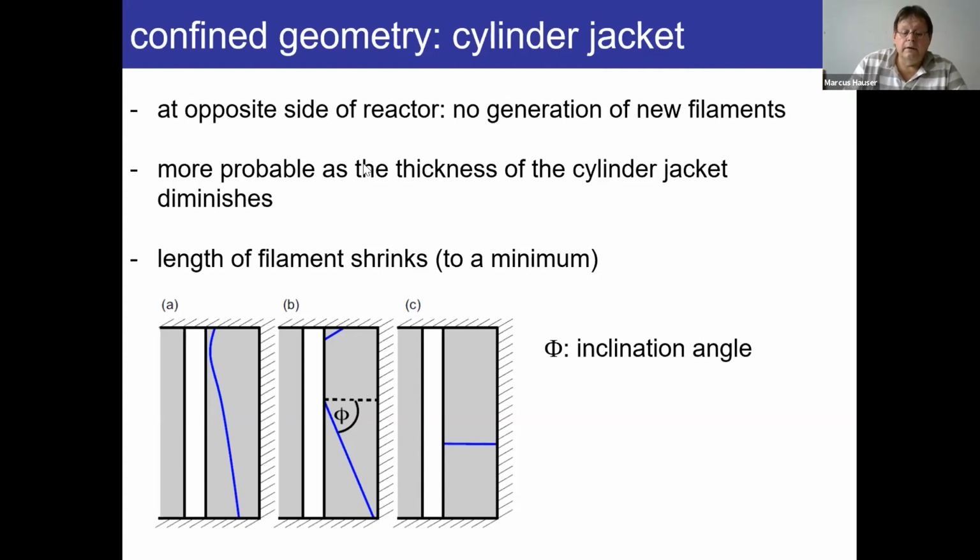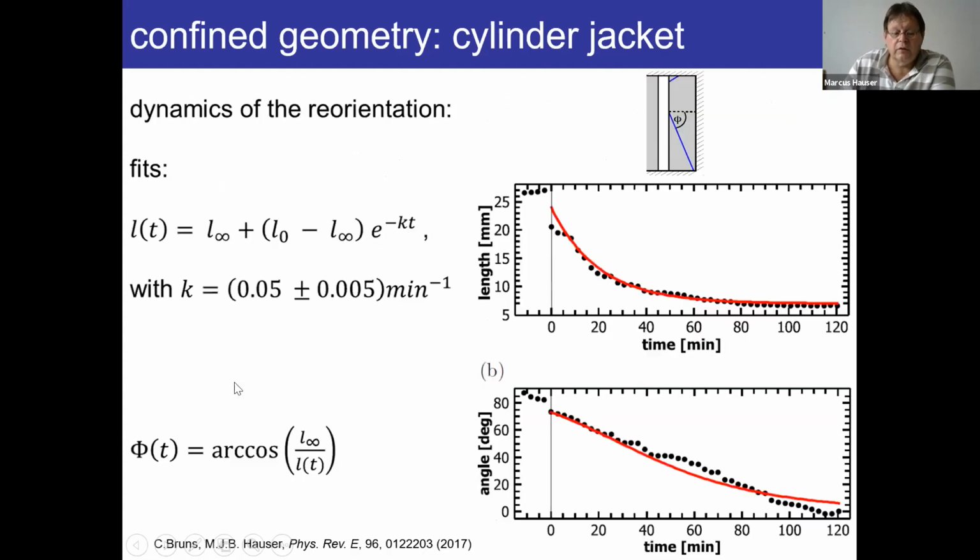And this gets more and more probable as the gap, this gel here, gets narrower, because then some noise will cause the filament to drift a little bit, and the probability of hitting the two walls is there. And here we have this angle theta, which is the inclination angle, which we'll be measuring.